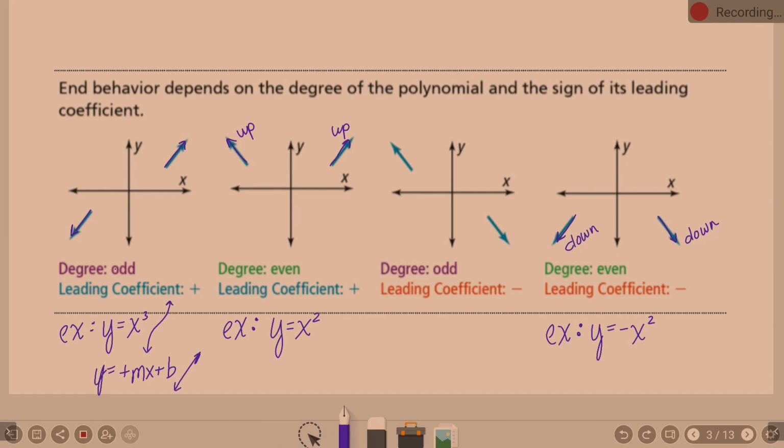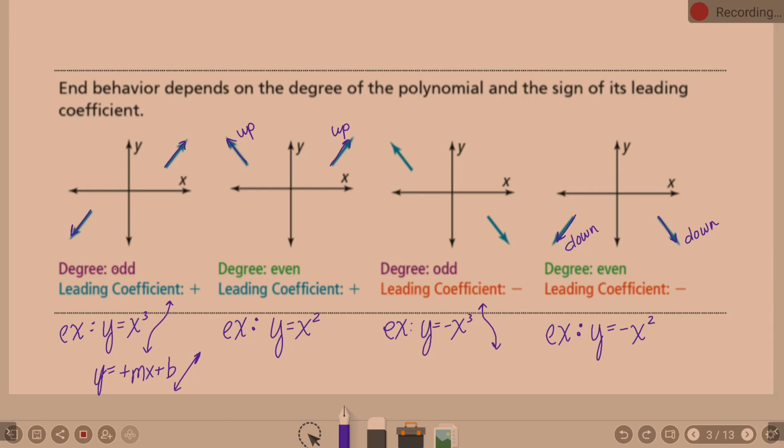Now, just like a negative flips a parabola upside down, what's it going to do with an odd? It's still going to flip it upside down. So over here to our other one, my example here is going to be negative x cubed. And with negative x cubed, the idea is it starts high and ends low.